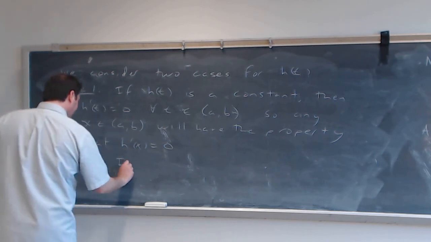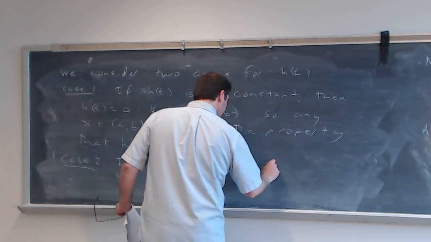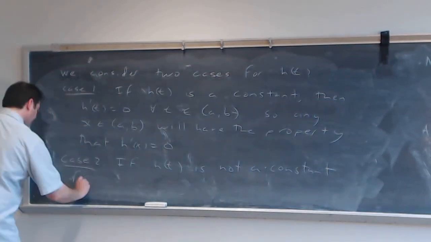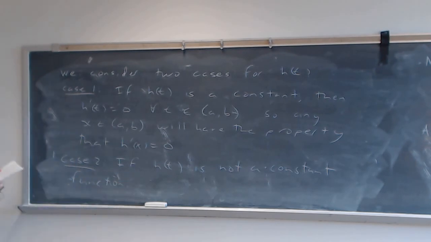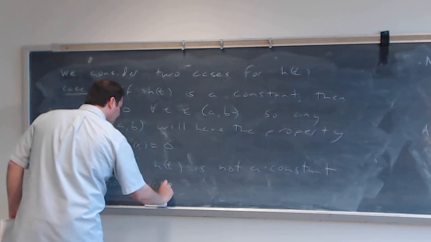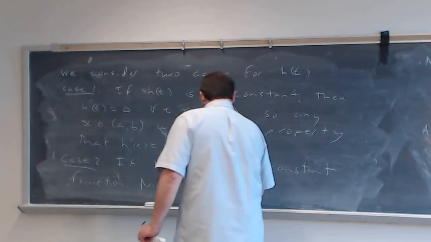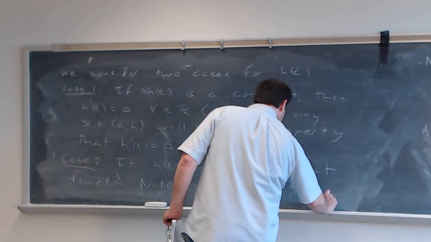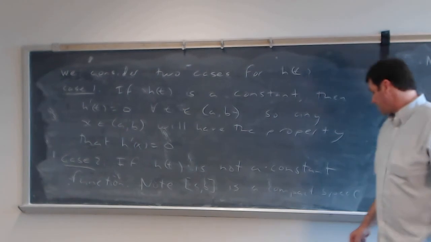that is, if h of t is not a constant function. Okay, we'll note that this whole interval in R is a compact space. That's from something we've done in Math Analysis 1.